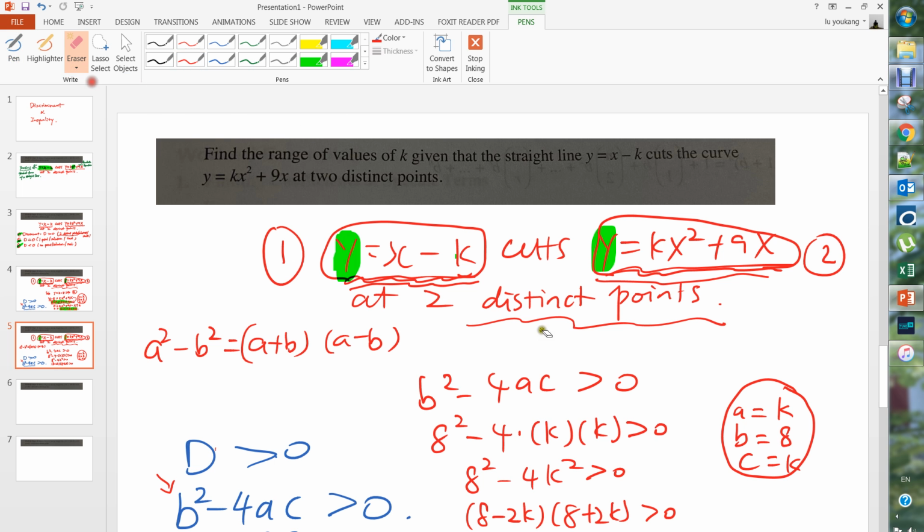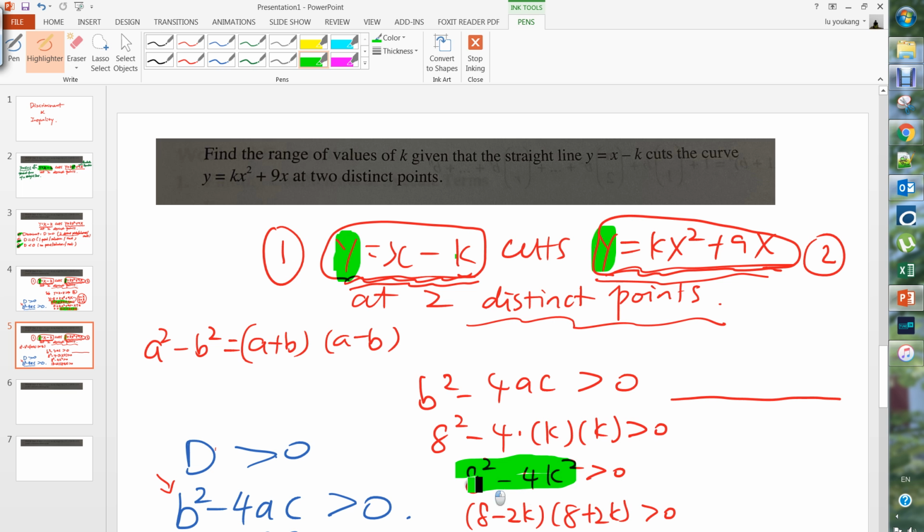Okay, so I need more space to solve this inequality, and I need to draw a number line. And if you look at this inequality, you realize that the coefficient of the k squared, which is minus 4 here, right?